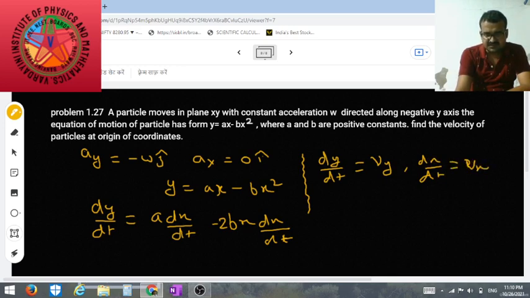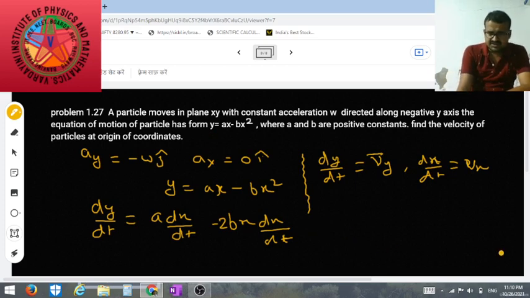Because the rate of change of x coordinate with respect to time will give the velocity in x direction, and the rate of change of y coordinate with respect to time will give the velocity in y direction. So from this very first equation, we can see that this particular body which is moving in a plane possesses both components of the velocity, the x component and the y component.